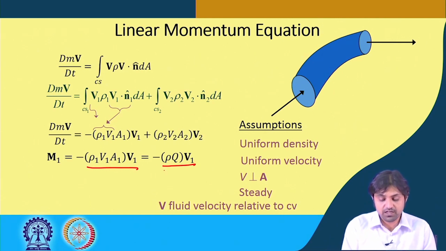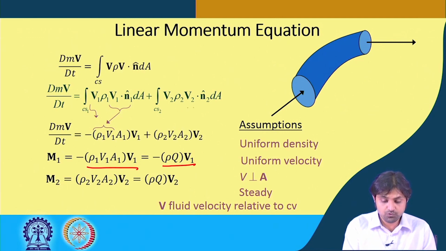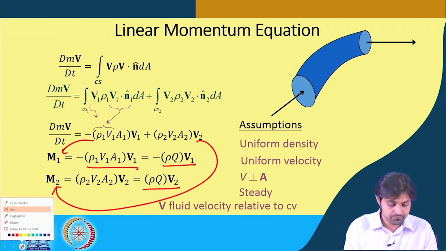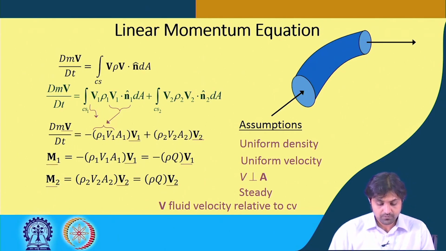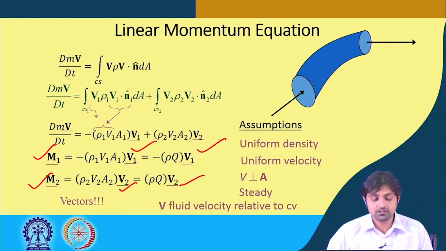Similarly, M2 can be written as rho 2 V2 A2 into V2, or rho Q V2. These M1, M2, V1, V2 are all vectors.